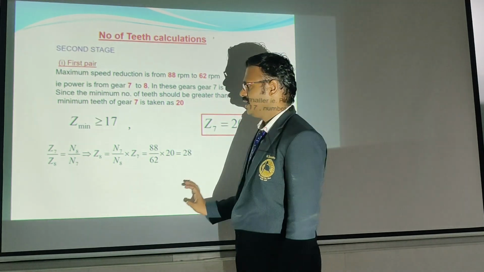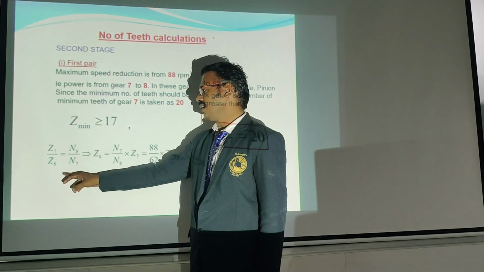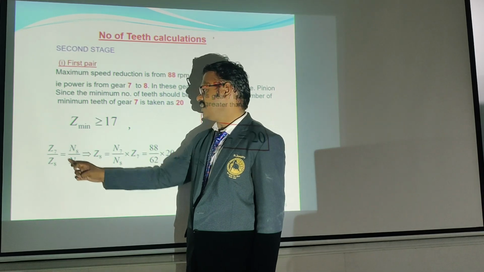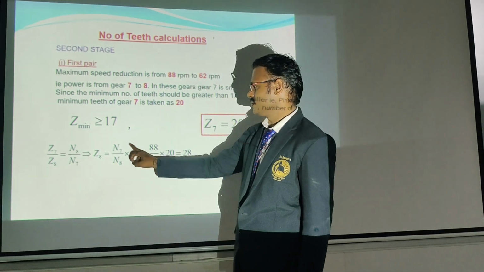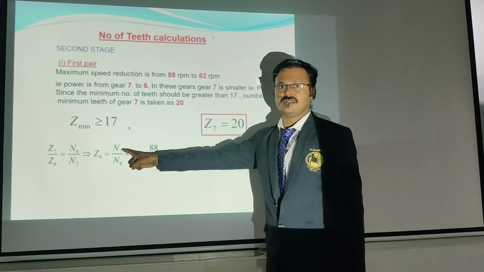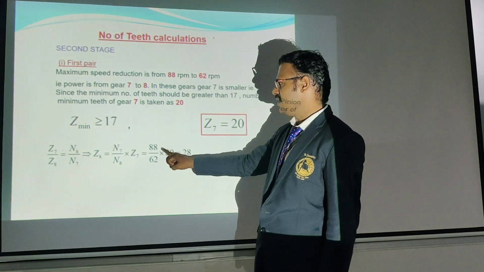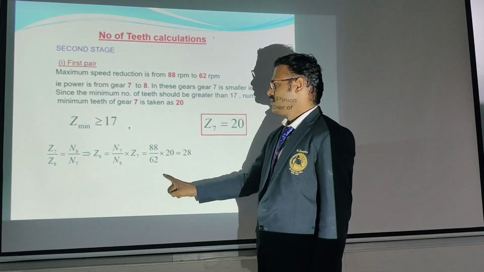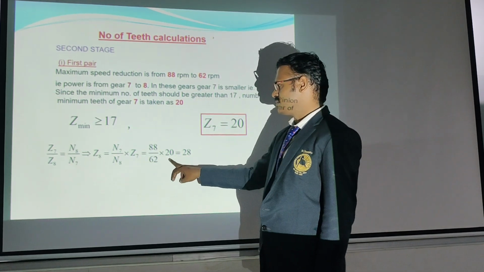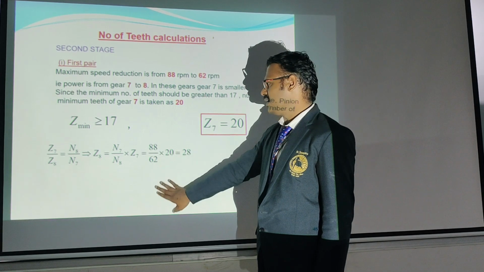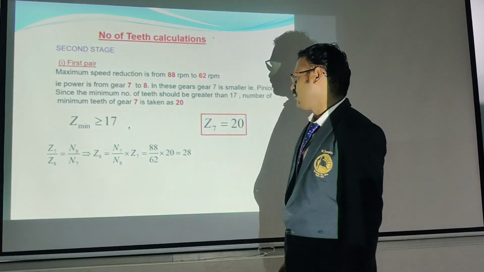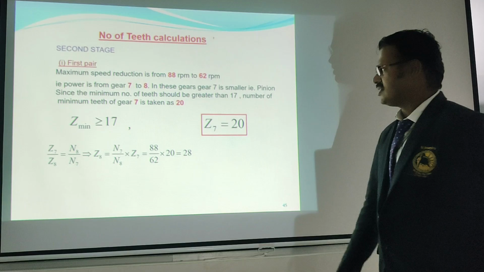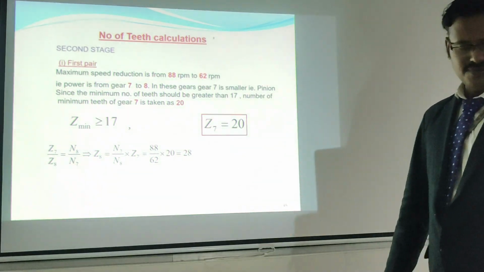So now we need to find out Z8 only. So Z8 equals Z7 into N7 divided by N8. So N7 already we know that is 88. The N8 is 62. So we have assumed Z7 as 20. So the final value Z8 equal to 28. So the first pair is over.